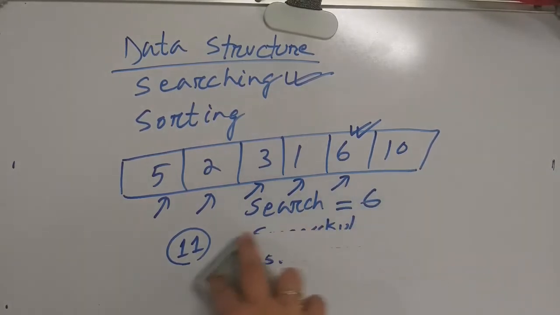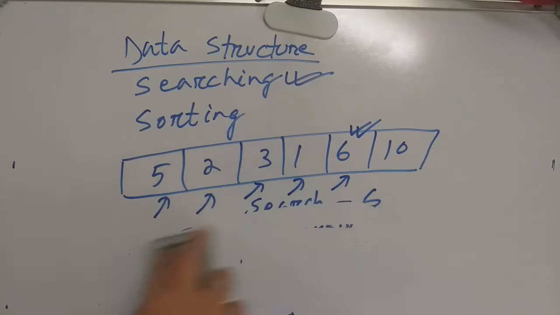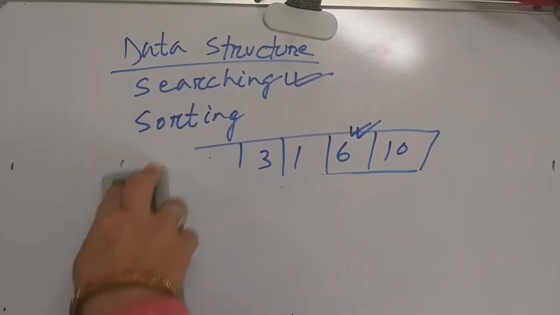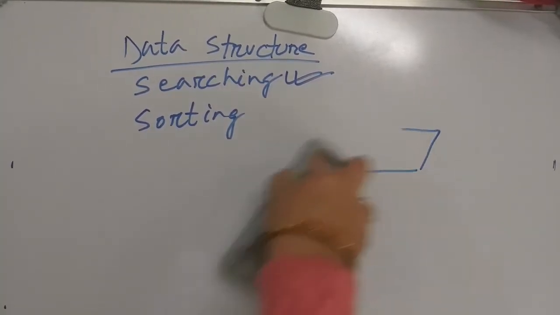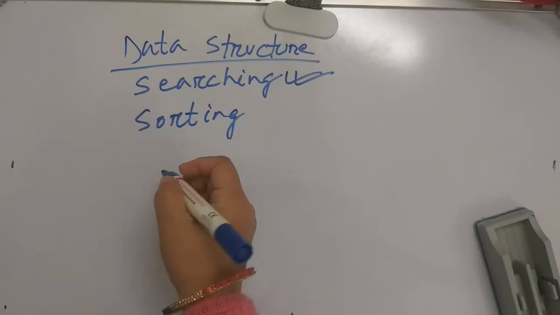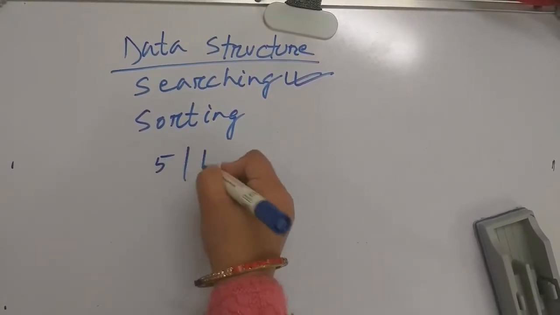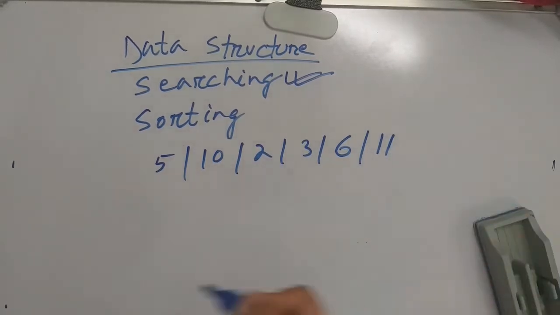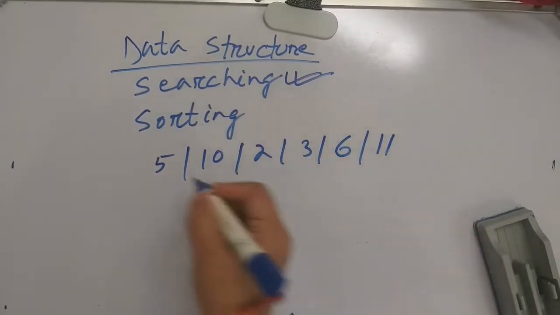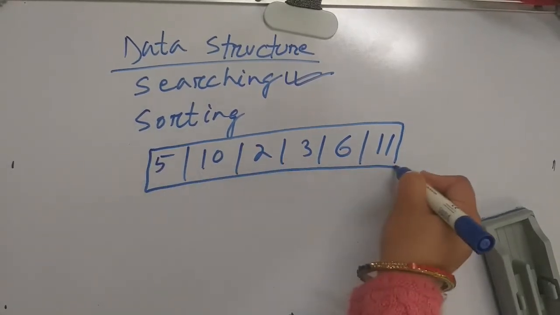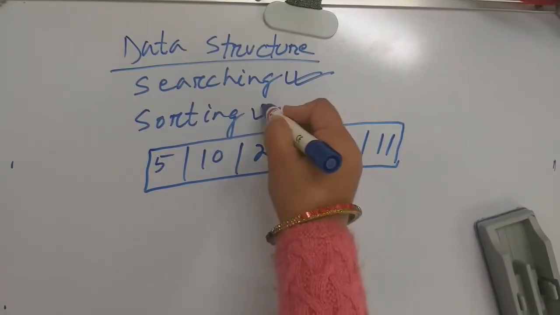Next is sorting. What do we mean by sorting? In sorting, we sort the list either in ascending order or in descending order. Suppose one list is given like this: 5, 10, 2, 3, 6, then 11. We sort the list by using any type of sorting technique.